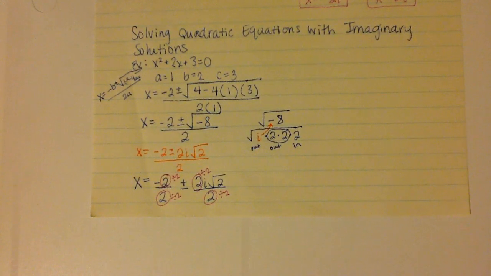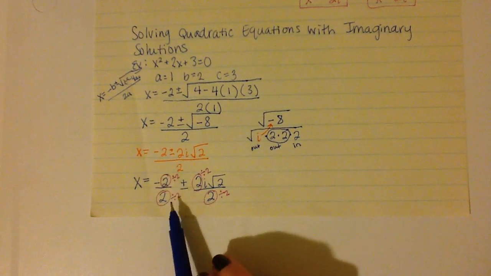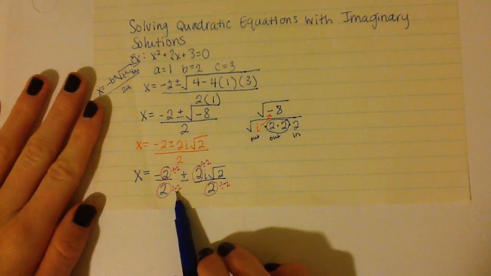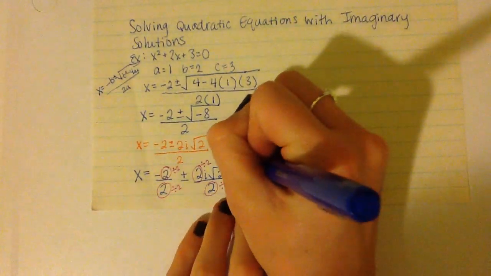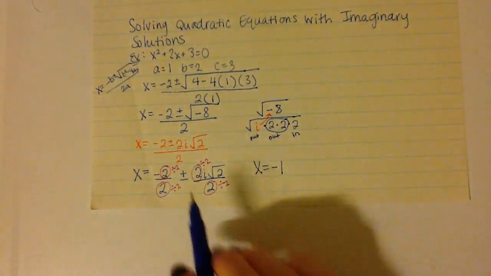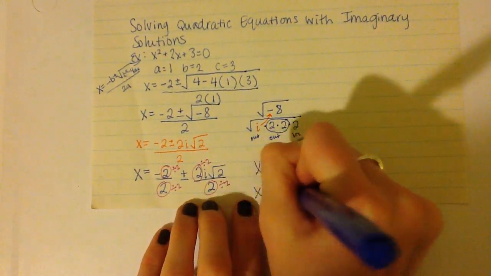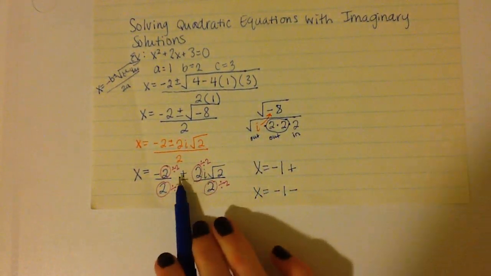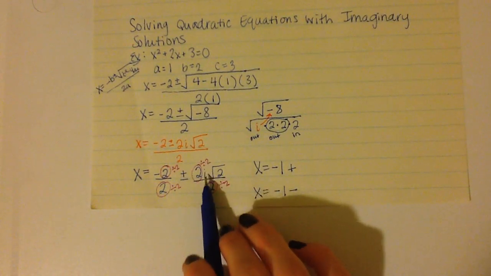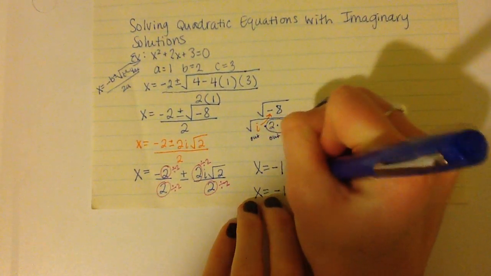So if we simplify that, negative 2 divided by 2 is negative 1. Over 2 divided by 2 is 1. So we have negative 1, and we're going to have plus. We know we're also going to have negative 1 minus, because plus or minus, so one's going to be plus, one's going to be minus. 2 divided by 2 is 1, so we're left with i radical 2.